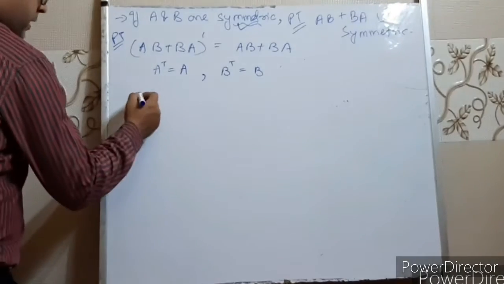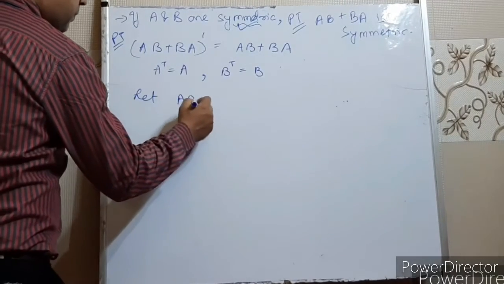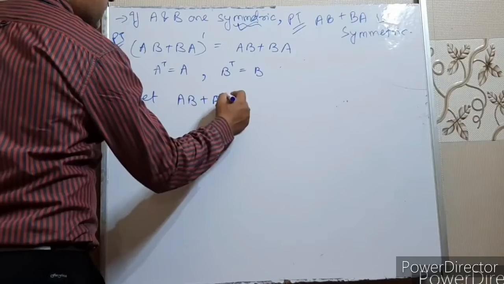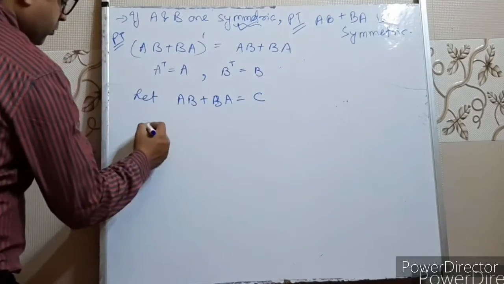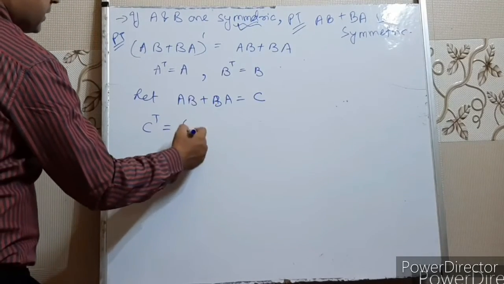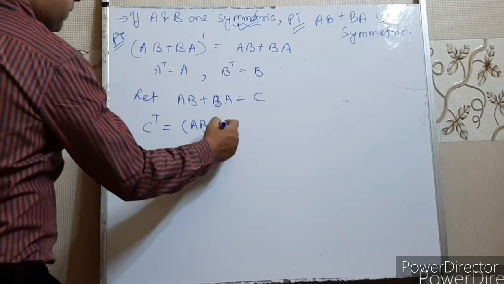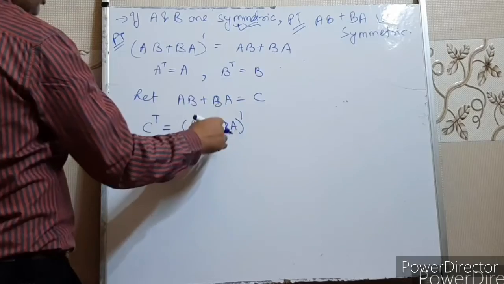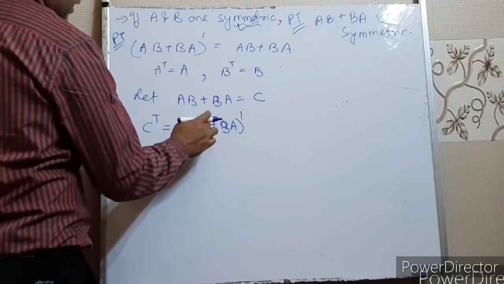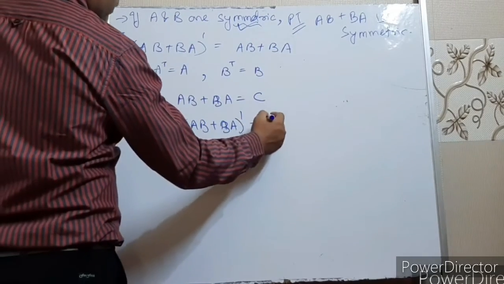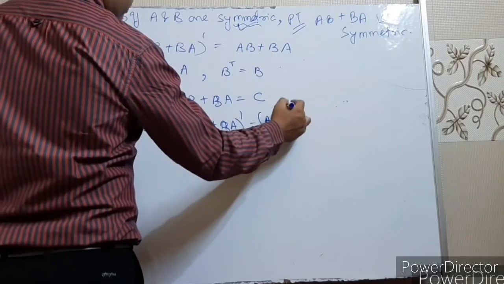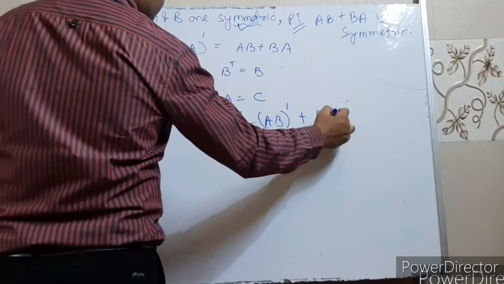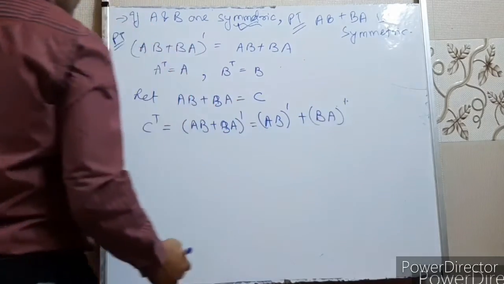So we'll let AB plus BA be matrix C. If you take the transpose of C, that will be (AB plus BA) to the whole transpose. When you take the transpose of AB plus BA, what will we get? (AB) transpose plus (BA) transpose.